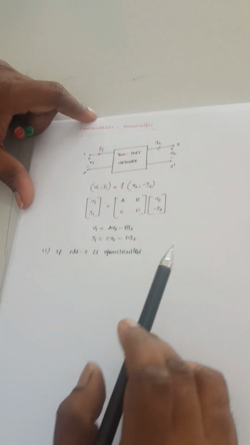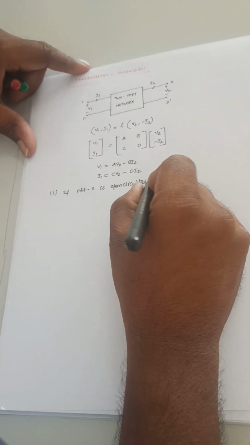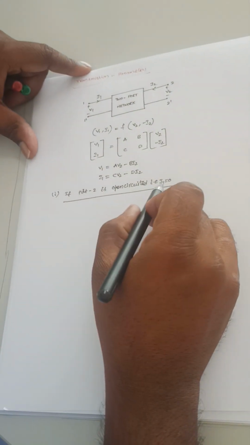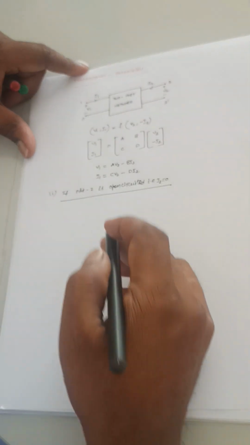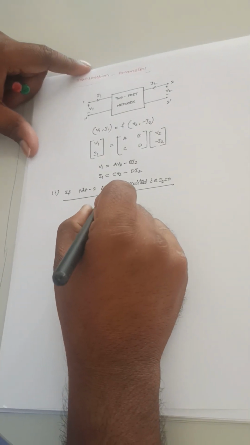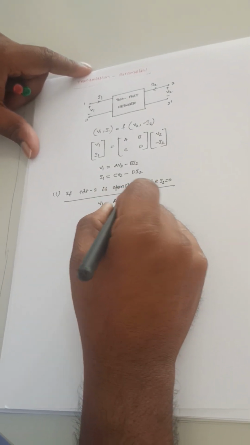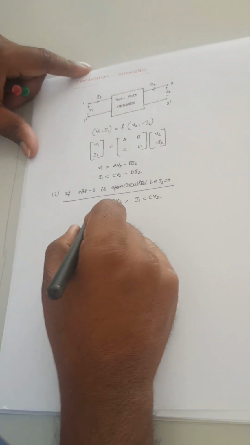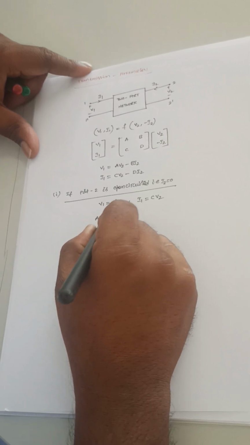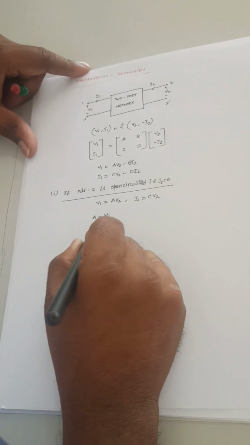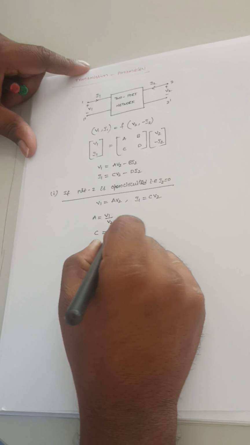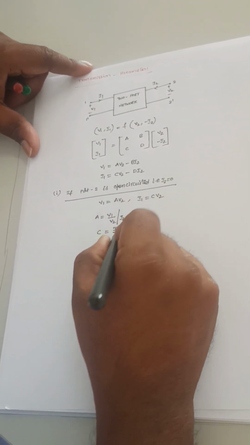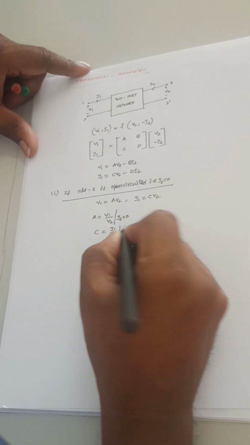So I2 is equal to 0. If I make I2 equal to 0 in the above equations, then I will write V1 is equal to AV2 and I1 is equal to CV2. From this, A is equal to V1 by V2 and C is equal to I1 by V2. Both are at I2 equal to 0.